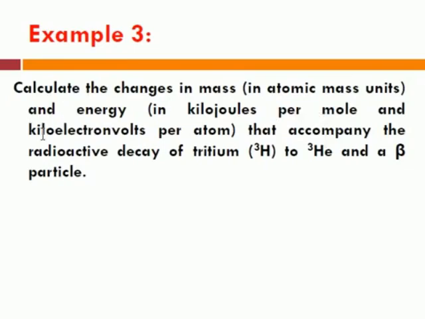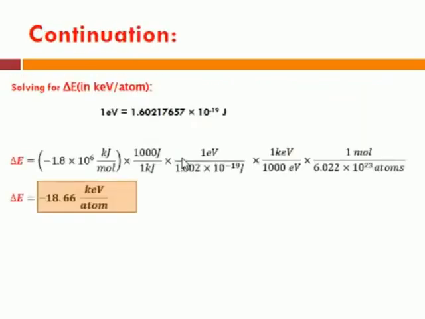Next, we're going to solve for the energy in kilo electron volts per atom. Okay? So, convert kilojoules to kilo electron volt. We're going to use the relationship that 1 electron volt is equal to 1.6022 times 10 raised to negative 19 joule.